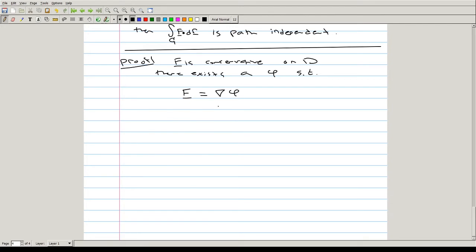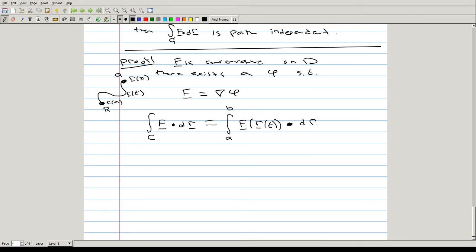And so if we now consider the line integral over some path C of f dot dr, we know that if we evaluate this over the curve C, say it's parameterized by, this is the point R, which is the position vector at A, the position vector at B is the point Q, and then any one of these other points is R of t, this line integral is going to be the integral from A to B of f at R of t dotted with dr, which is just R prime of t dt.